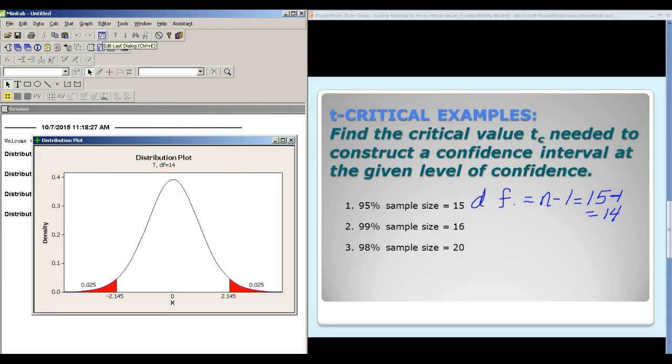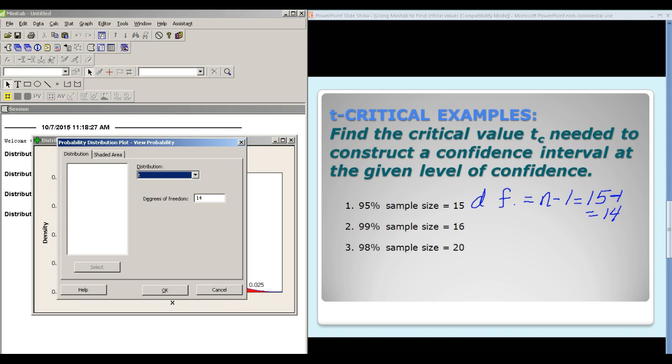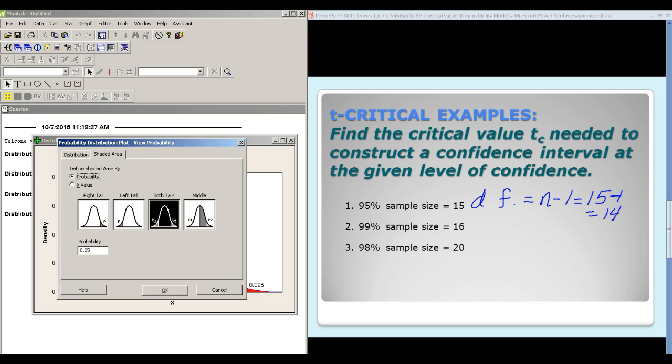Now this time I'm just going to go back in here into my Edit Last Dialog because I like to do that. It's fewer clicks and I'm just lazy like that. And my degrees of freedom would be the sample size minus 1. So my degrees of freedom here is 15. Go to my shaded area and I need to enter in my probability.